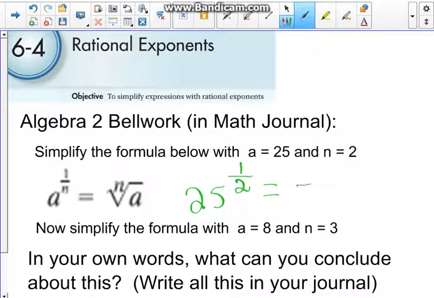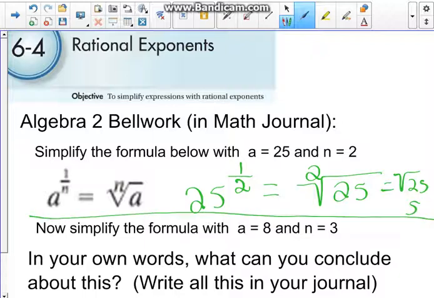We can say that is the square root, because n is 2, of 25. And actually, because it's a square root, we just do the square root of 25, which comes out to 5.